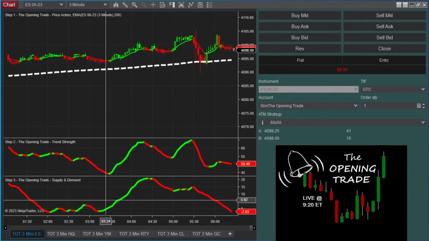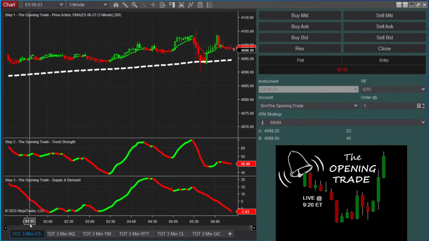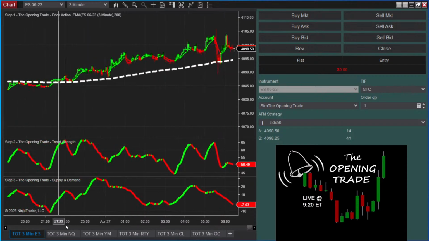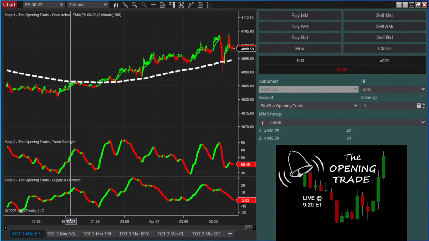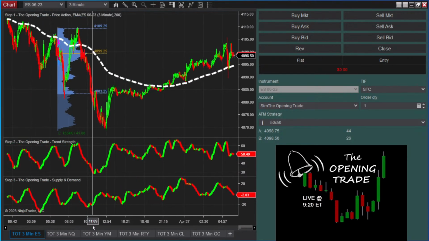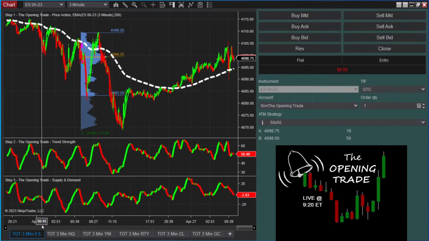All right, so we have less than 5 minutes before we see the New York markets open. So let's take a look at what happened yesterday after we said our goodbyes. Okay, so yesterday starts here on the double zero, slides all the way through here to today on the double zero.